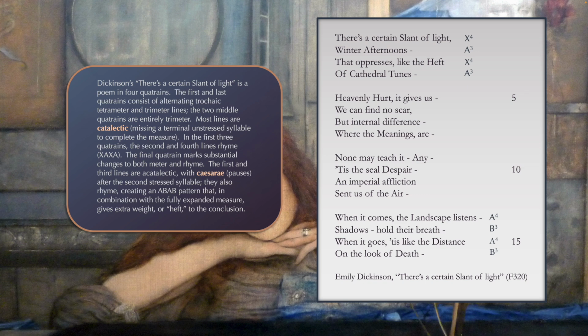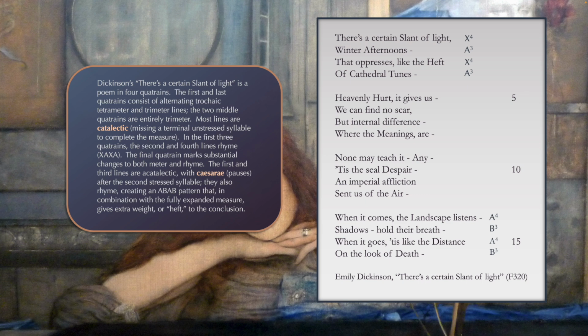So in the first 3 quatrains, the second and fourth lines rhyme. The final quatrain, however, marks substantial changes to both meter and rhyme. The first and third lines are acatalectic, that is, they are now complete trochaic lines with a caesura after the second stressed syllable. A caesura is a pause that comes after.